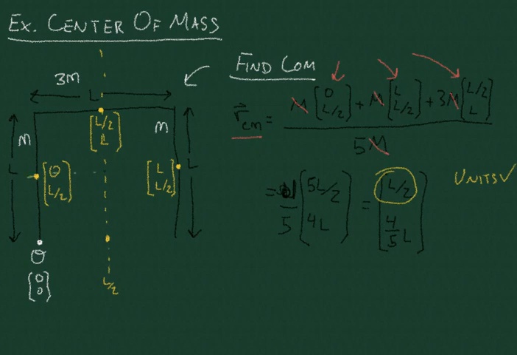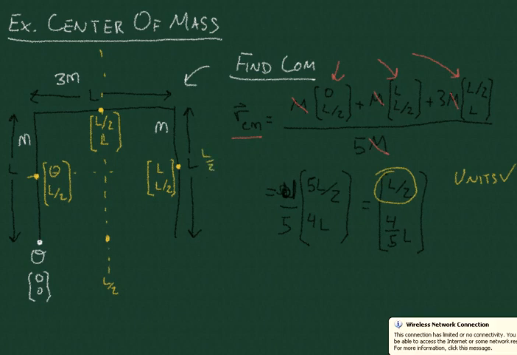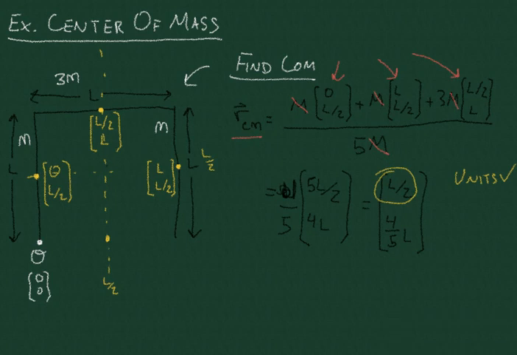Halfway up is L over 2, but we have another rod on top, and this rod has the heaviest mass. So we would expect the center of mass to be somewhere greater than L over 2. And that's what we see: 4/5 L is greater than L over 2. So our answer passes the sanity check and makes sense too.